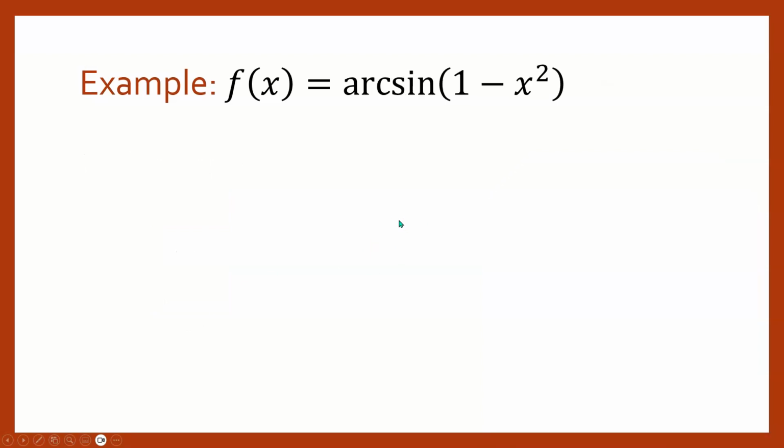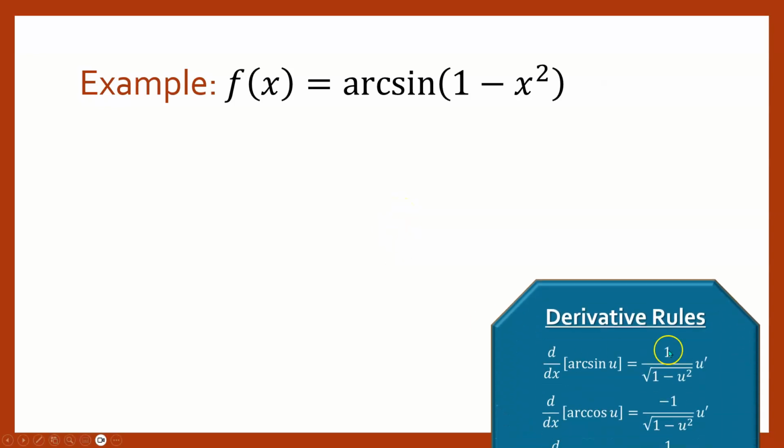Okay, what about if f of x is the arcsine of 1 minus x squared? What's the derivative of that? What's f prime of x? Well, the derivative of arcsine of anything should be 1 over the square root of 1 minus that anything squared times the derivative of that thing.